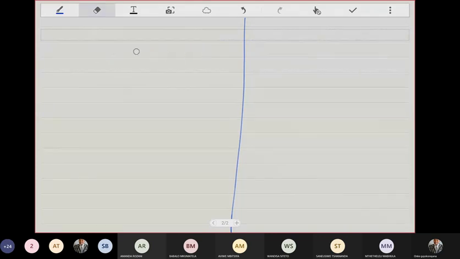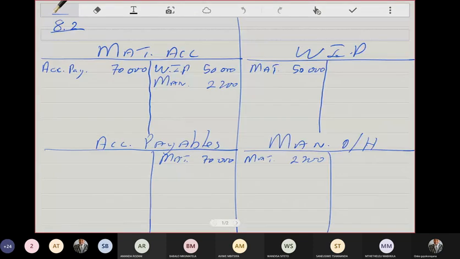Remember, we said that when it comes to cost accounting, guys, we become so direct when we do our recordings. So we've got these returns. Looking at our first transaction, we had the purchases on credit of that 70,000. So we simply understand that this return was based on that 70,000.